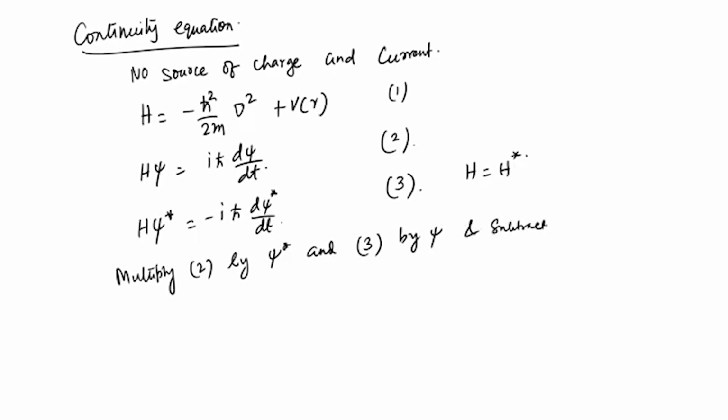And if you do that, then what happens is that you have psi star H psi minus psi H psi star, which is equal to i h cross psi star d psi dt, and minus, so this will be plus i h cross psi d psi star dt.